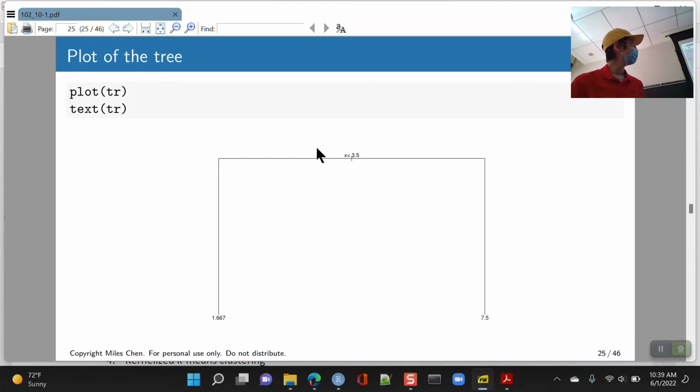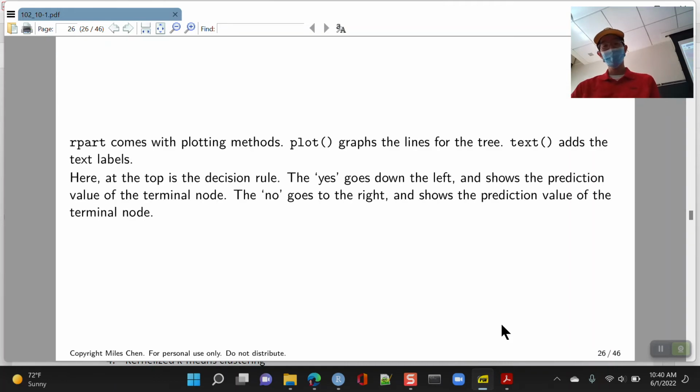Here it says the question is x less than 3.5, and if the answer is yes, you go down the left, and the predicted value is 1.667. If the answer is no, you go down the right, and your predicted value is 7.5.